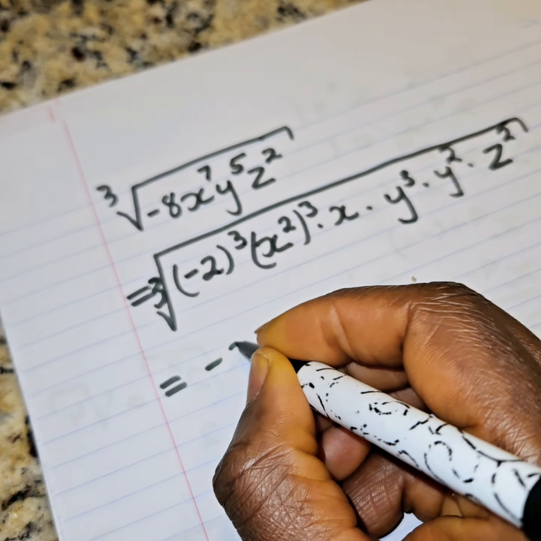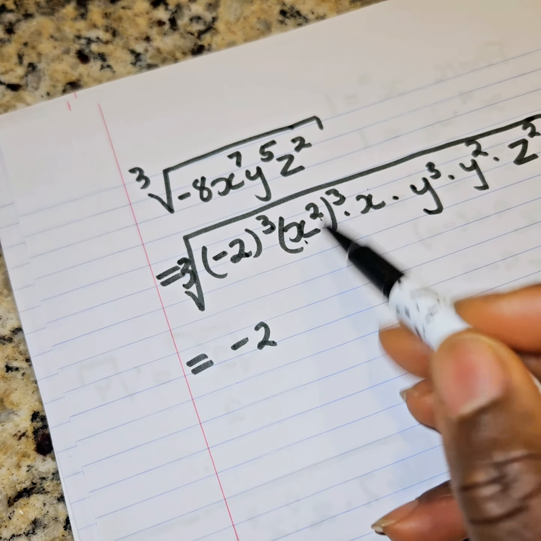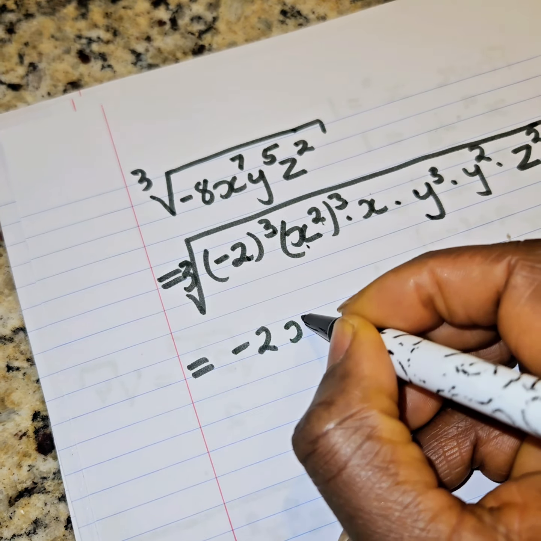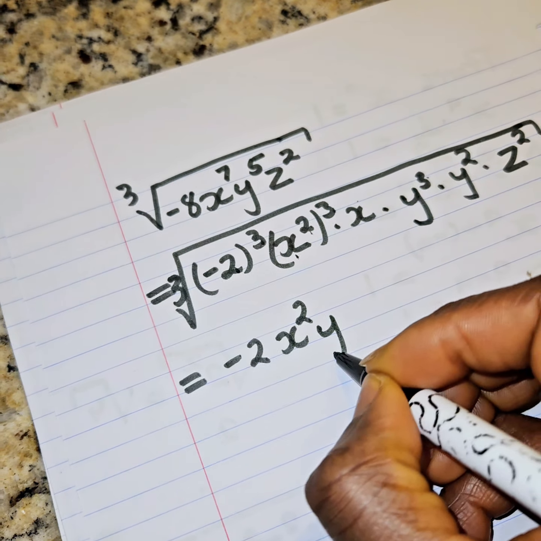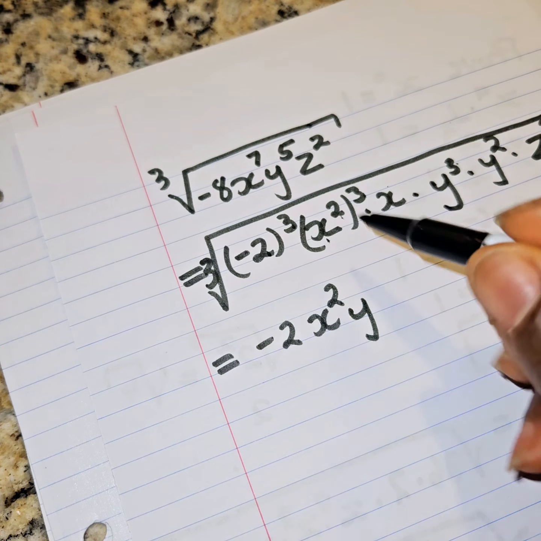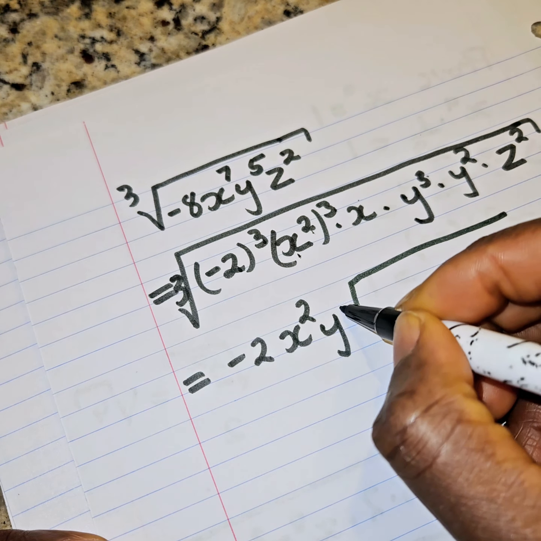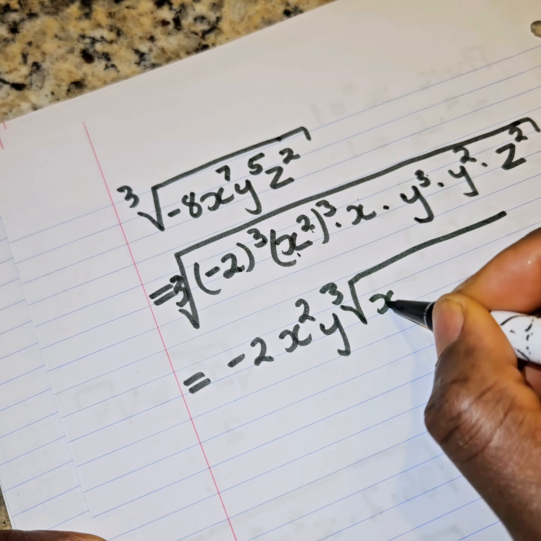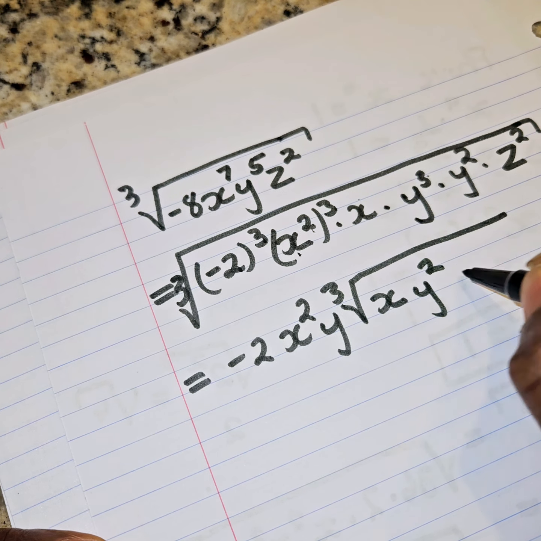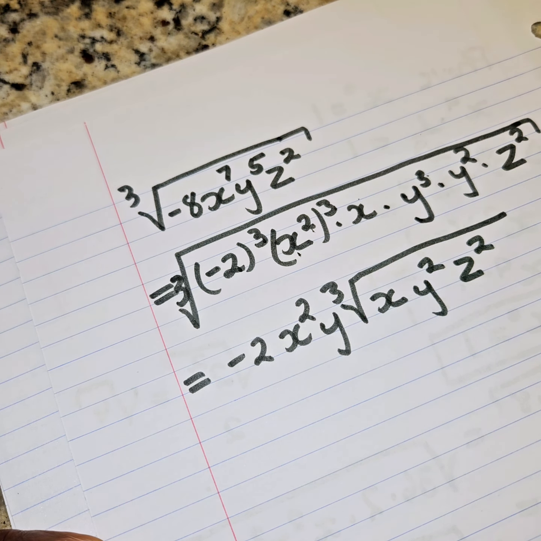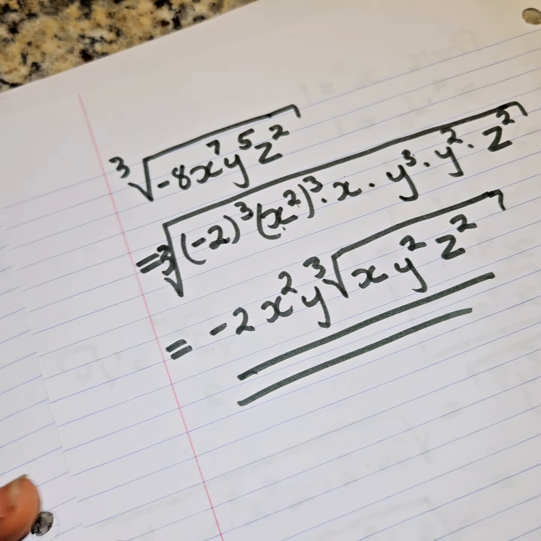So that is negative 2. The cube root of x squared cube is x squared. The cube root of y cube is y. So I will be left in the cube root sign with x, because it's just x by itself, and then y squared and z squared. So that is the only way we can simplify that problem.